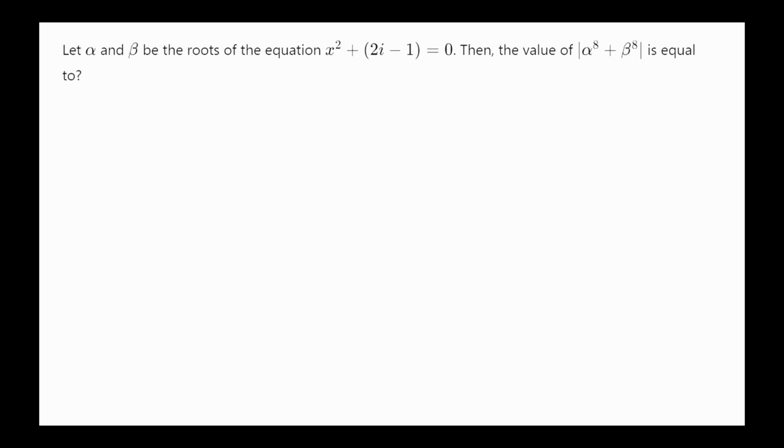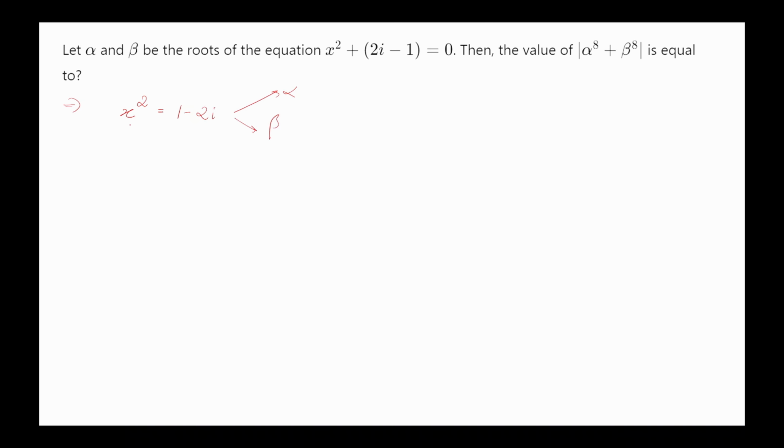Let us look at this question now. Let alpha and beta be the roots of this equation, then find the value of alpha to the power 8 plus beta to the power 8. So if I look at this question, the equation that has been given to us, x square can be written as 1 minus 2 iota, and for this equation alpha and beta are the roots.